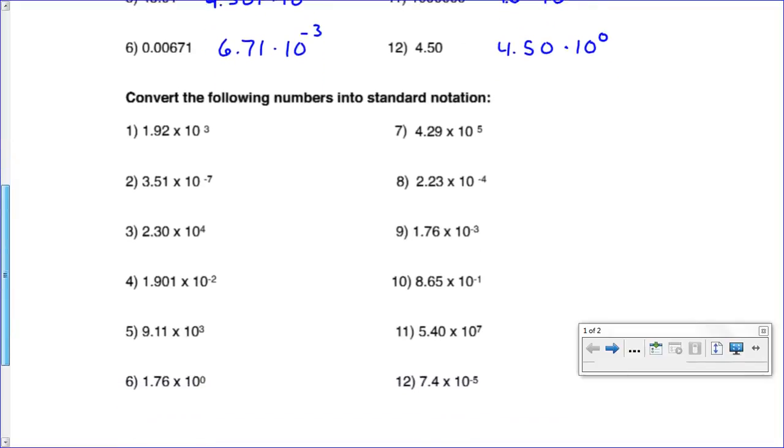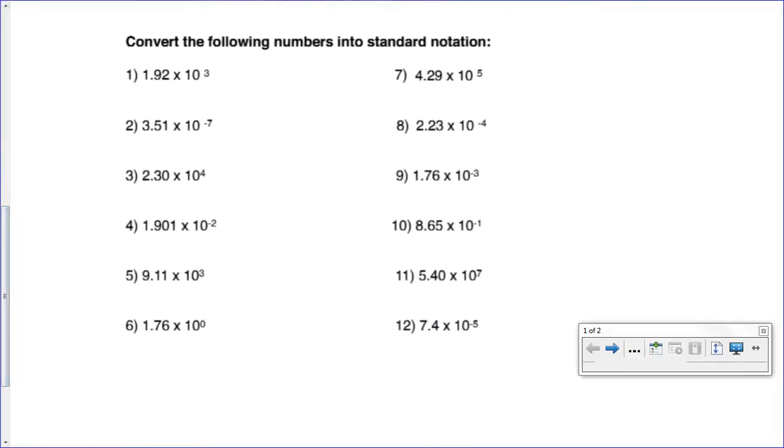Going on to the ones on the bottom here, going the other way, we have 1.92 times 10 to the 3rd. The 10 to the 3rd tells you that it's going to be a large number. We move the decimal place over 3 spots. There's 1, 2, and then one more further than that, which gives you 1920. This next one, 3.51 times 10 to the -7.